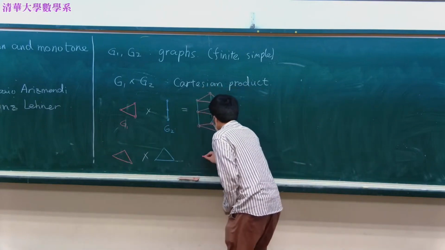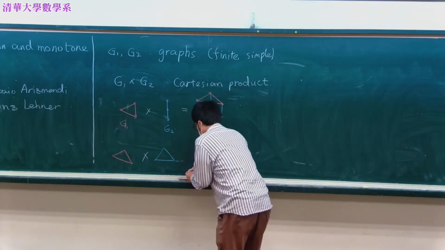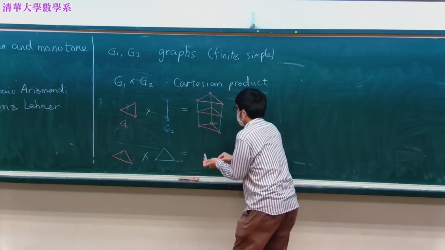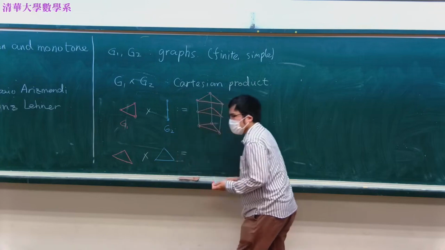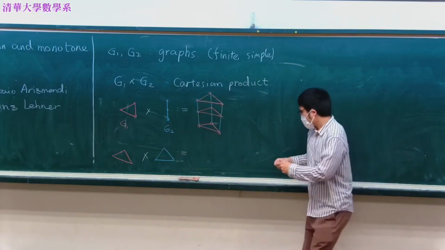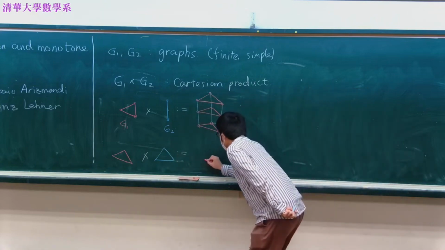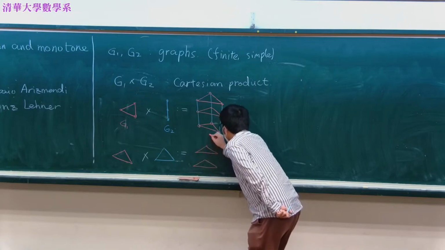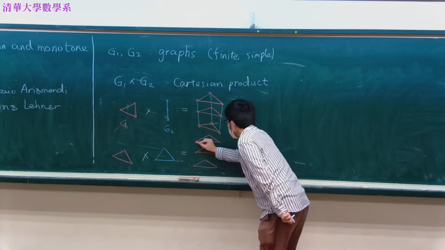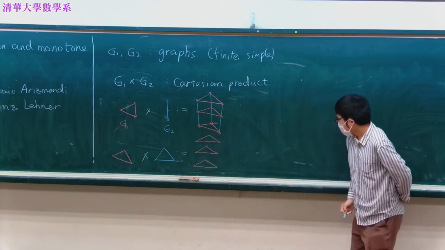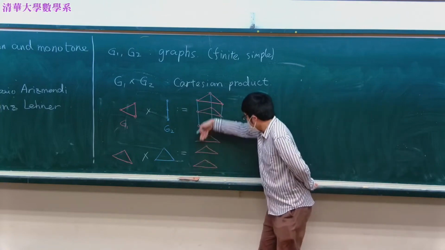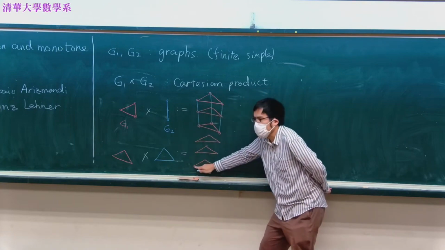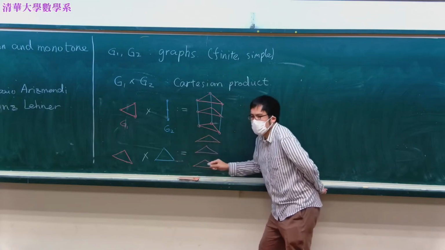Again, this is a definition. First, again, take 3 copies like this, and then in the vertical direction, we connect these 3 points by G2.